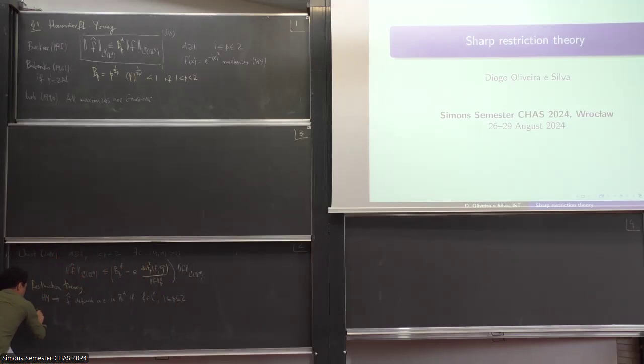A surprising observation by Stein, I believe it dates back to the late 60s, 1967 is the reference I found, is that sometimes f hat can be meaningfully restricted to certain subsets of measure zero, like curved submanifolds. And the key word there is sometimes.